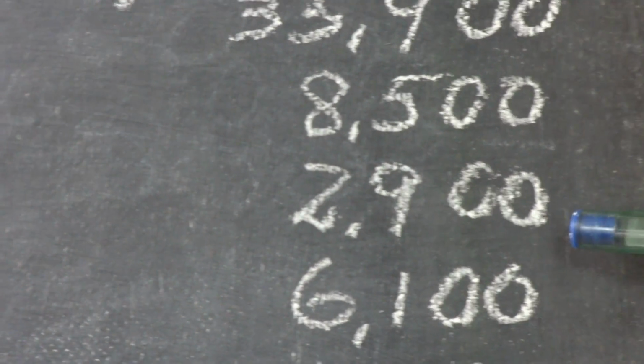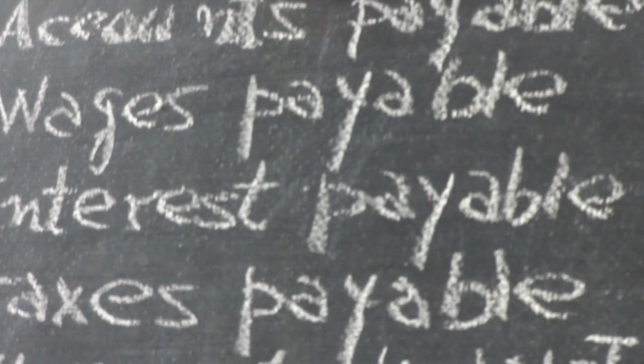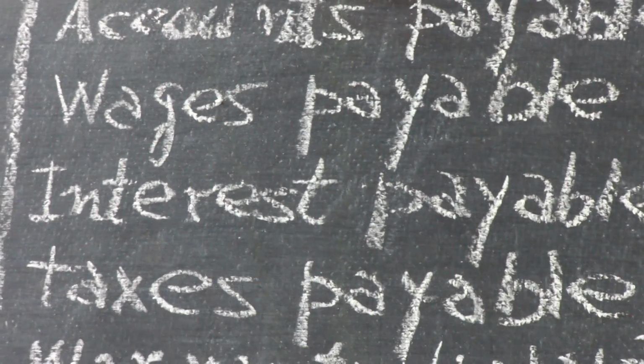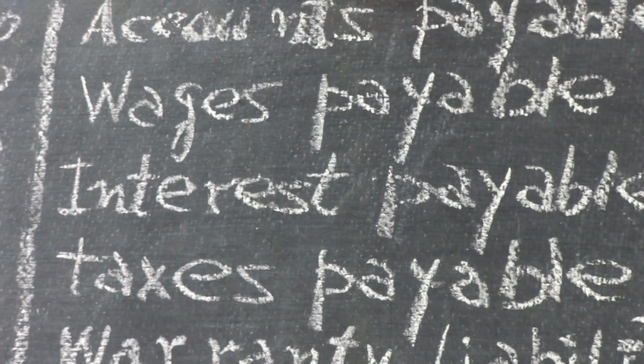Later on, we have interest payable by $2,900. This is the interest that the Bright Corporation has to pay to banks or third persons for the loans that it has received.